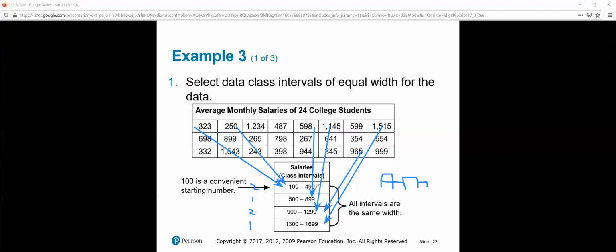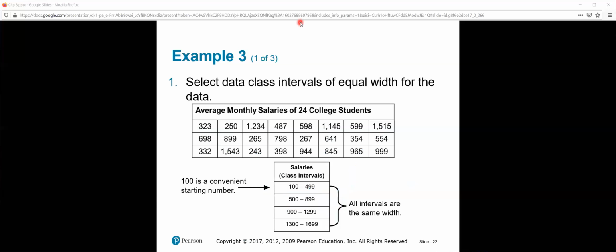You don't build the histogram with each individual inclusion. You instead note how many parts are in each individual bin and each individual class interval. And then, at the end of the day, you look at this number over here and you make your histogram based on the final total, if that makes sense.